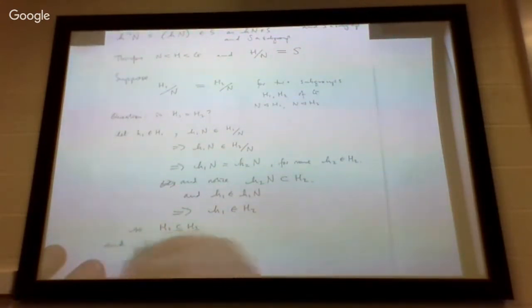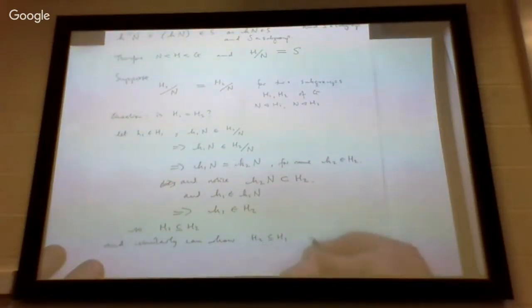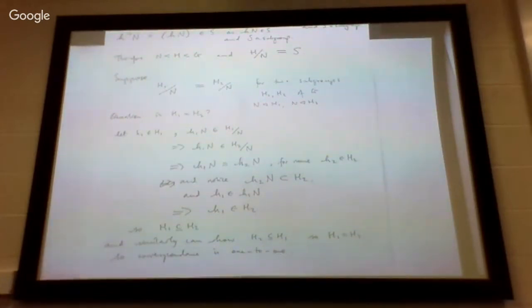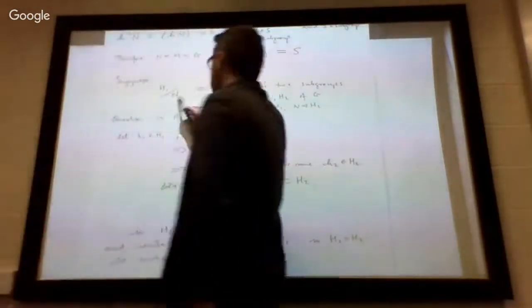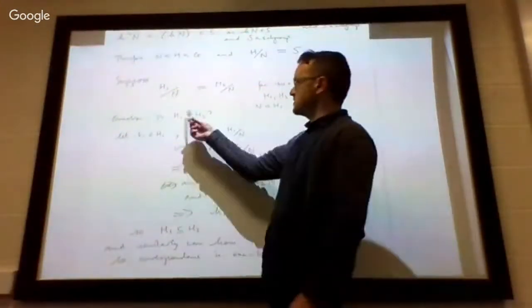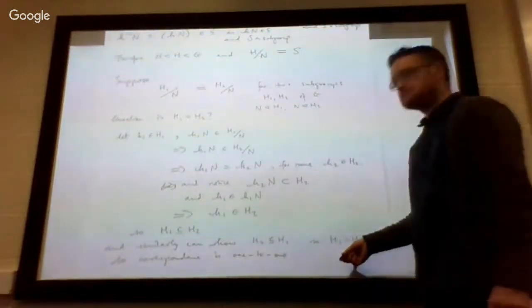And similarly, going back the other way, we can show H2 is contained in H1. So H1 is equal to H2. So this correspondence is one-to-one. The only time that two subgroups give rise to the same subgroup of G mod N is when the two subgroups are actually the same.